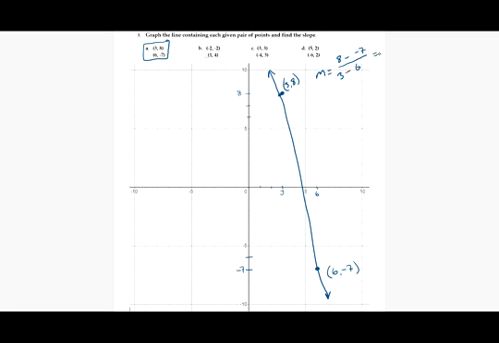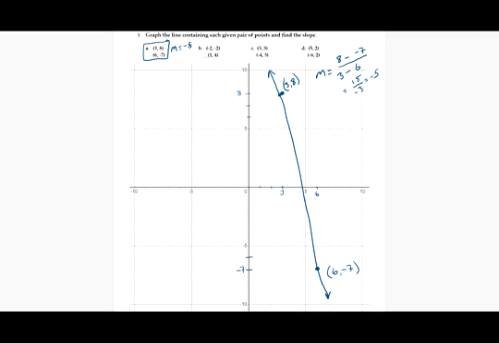All right, 8 minus a minus 7 is 8 plus 7, which is 15. And 3 minus 6 is a negative 3. And 15 divided by negative 3 will be negative 5. So the slope is negative 5.